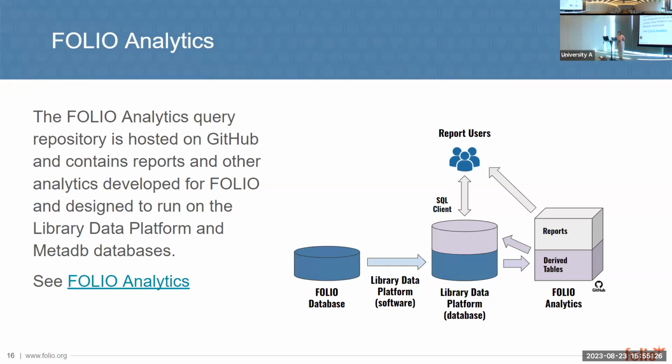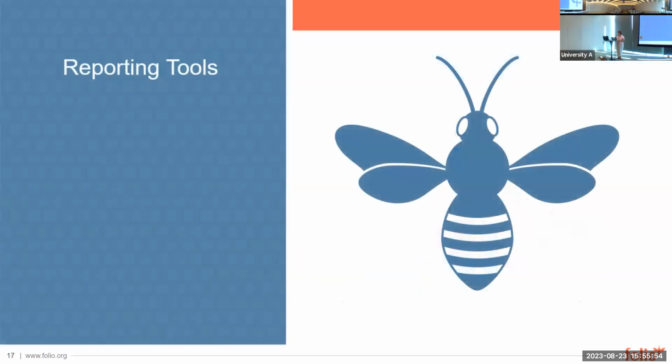We have a few development teams, and keeping those derived tables up to date and creating new derived tables as we find that they're needed is one of the primary functions of development teams. We also do sample queries and documentation and lots of other activities, but that is one of the main things that we do. So that's all available in that GitHub repo.